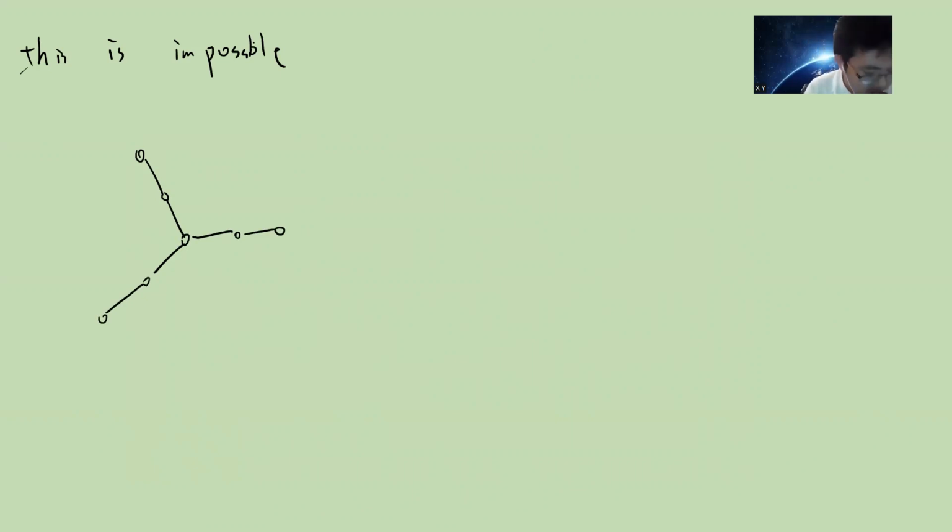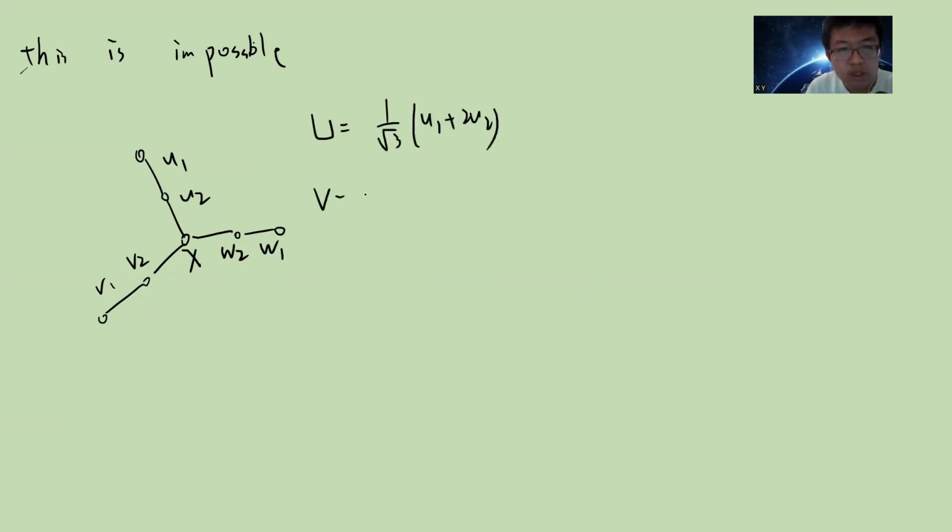Okay, so let's call it X, and U1, U2, V1, V2, W2, W1. And then very simply, we define U to be 1 over square root of 3, U1 plus 2 U2. V is 1 over square root of 3, V1 plus 2 V2. W is 1 over square root of 3, W1 plus 2 W2.